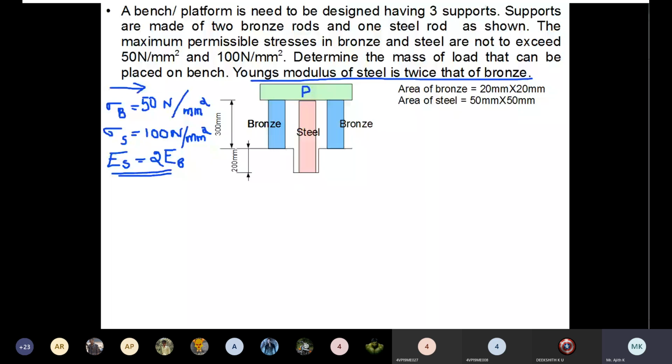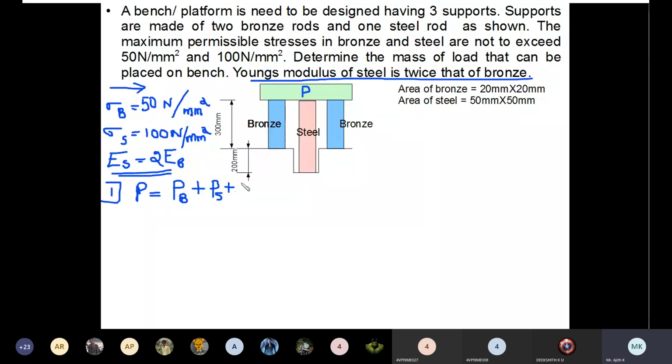Okay, so we'll solve this problem. I said in every composite problem, there will be 2 steps. First step, total load will be shared between each support. So PB plus PS.